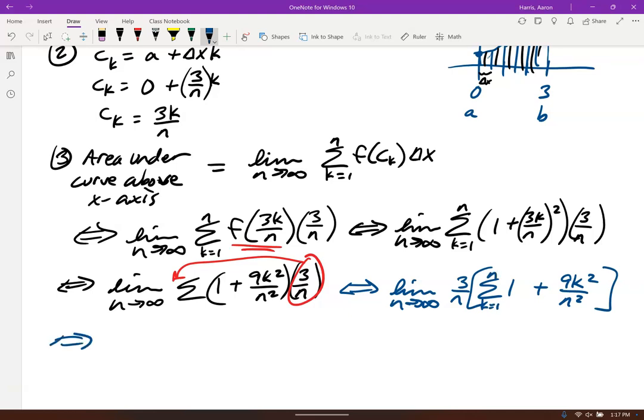So that'll be limit as n goes to infinity, 3 over n of the summation of 1 plus the summation of 9k squared over n squared. So I'm going to put the 9 over n squared out front, and then I have the k squared right there for my formula use.